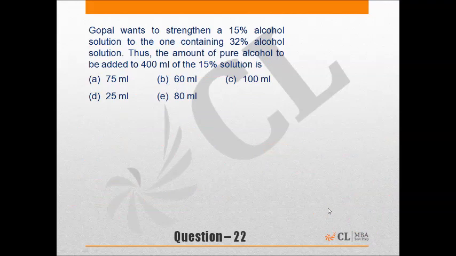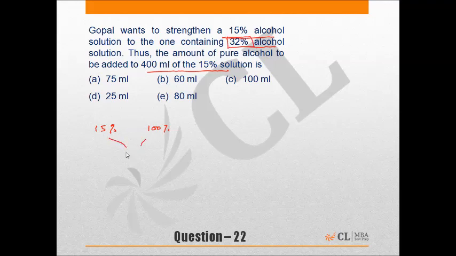Question 22. Gopal wants to strengthen a 15% alcohol solution to one containing 32% alcohol. Thus, the amount of pure alcohol to be added to 400 milliliters of 15% solution is what? Okay. You have a 15% alcohol solution. You will mix it with pure alcohol, which means 100% alcohol, such that the overall mixture will become 32% alcohol.